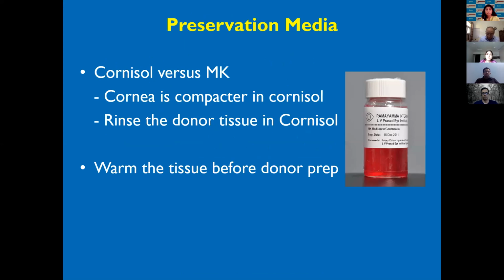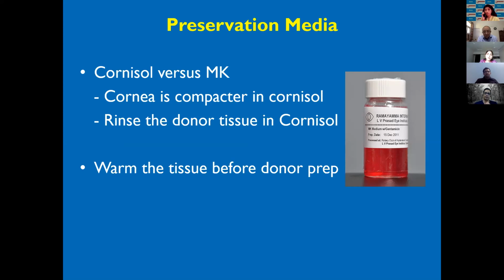What about the preservation media? Now, we have two popular preservation media in India, Cornisol and MK. Now, we know that in Cornisol, the cornea is somewhat more compact compared to MK. And Cornisol also makes the cornea somewhat sticky. So for the ease of preparation, it is important to rinse the tissue when it's stored in Cornisol. And this we have seen in quite a number of cases. It is much easier to prepare from a cornea preserved in MK medium versus Cornisol, because the cornea tends to be somewhat compact.